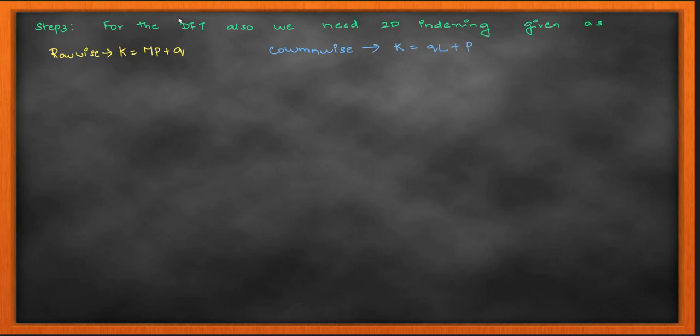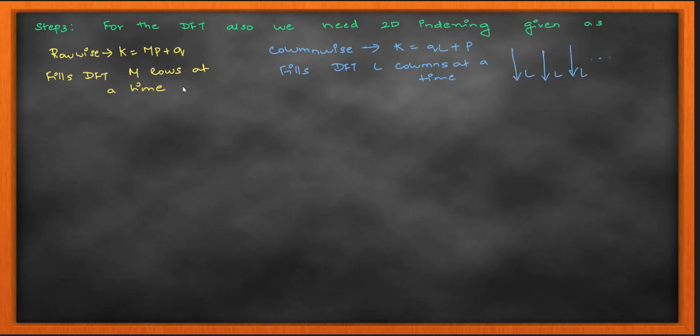So your row-wise operation for k is given by k equals Mp plus q. Here your L and M are replaced with indices P and Q, so we are using different indices for the Fourier transform. And for your column-wise operation, your k is going to be equal to QL plus P. So that's going to fill it L columns at a time.